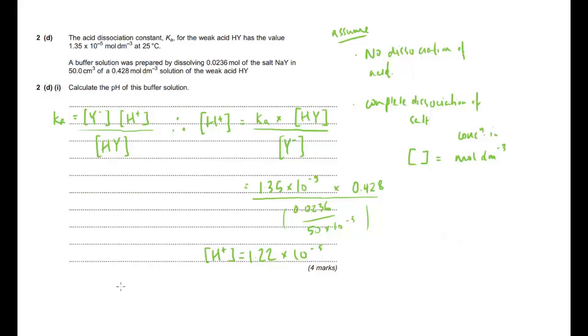Finally, work out our pH. pH of course is minus log of the H plus concentration. If you calculate that out, you'll come out to 4.91. That's reasonably straightforward. This is probably one of the most straightforward questions you're going to get in terms of pH.